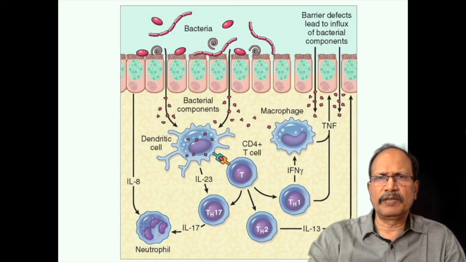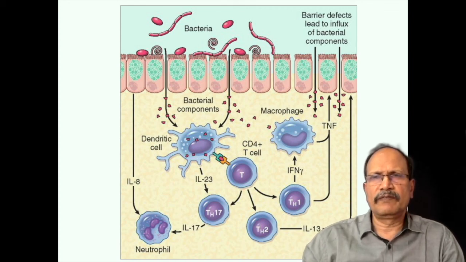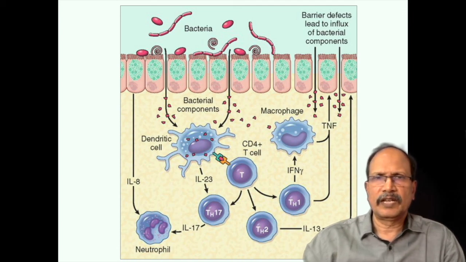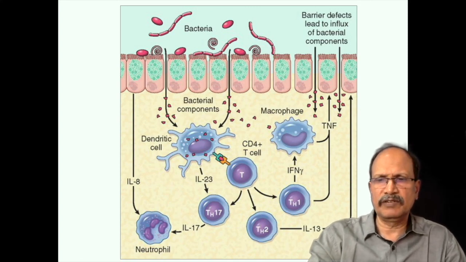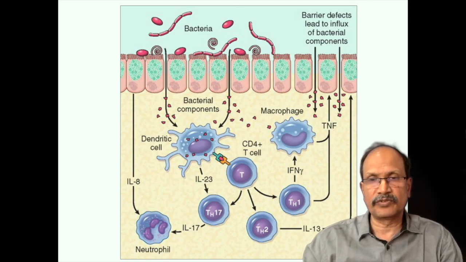So the epithelial membrane integrity is very important, and this is maintained by cellular tight junctions, which are affected by the genetic mutation, thereby increasing the permeability, and the further course of action will follow. And here, it is interesting to note that the macrophage T cell cooperation results in activation of T cell pathways, which ultimately produce interferon gamma and tumor necrosis factor, and also Th2 differentiation may be associated with interleukin 13 production.